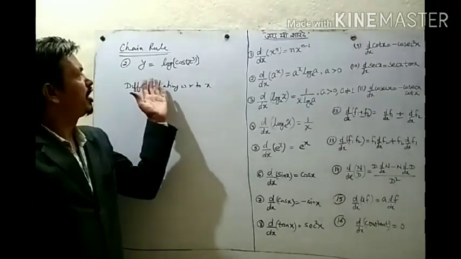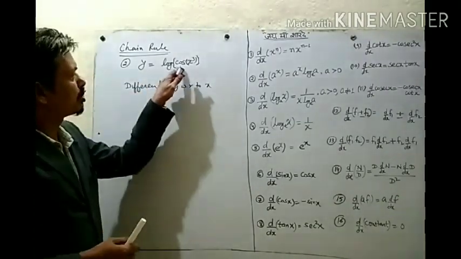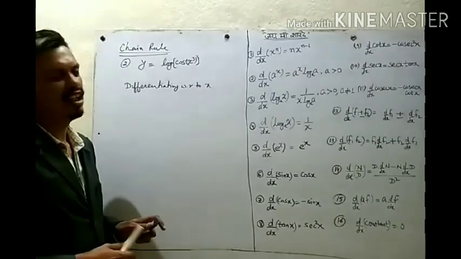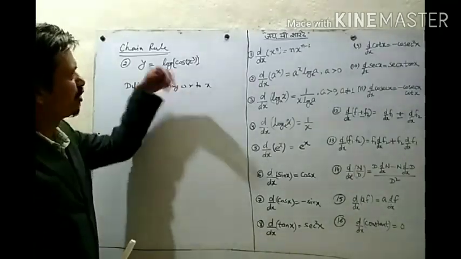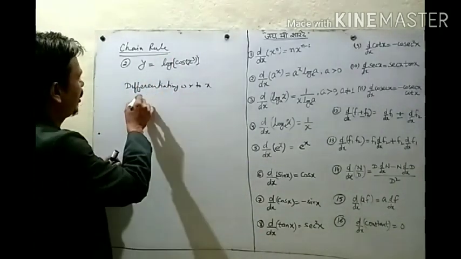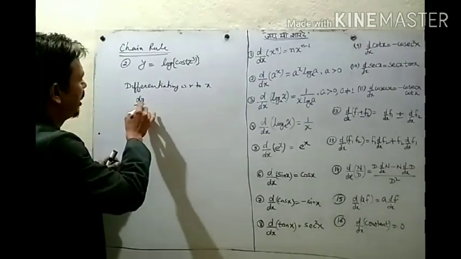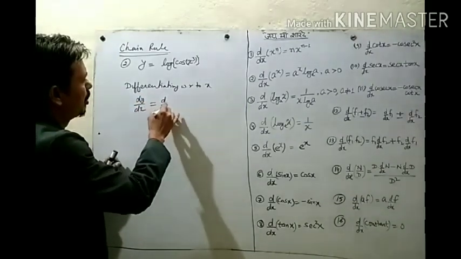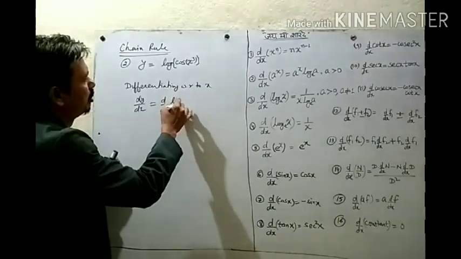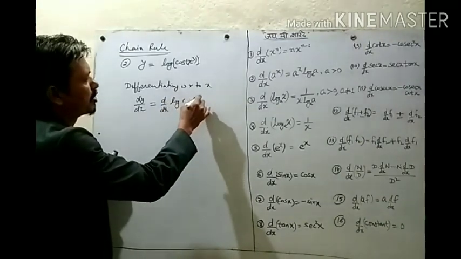If you want to differentiate y equal to log of cos of x cube, again you can see it is a function of a function. So if you differentiate, you get dy by dx equal to the derivative of log of cos of x cube.